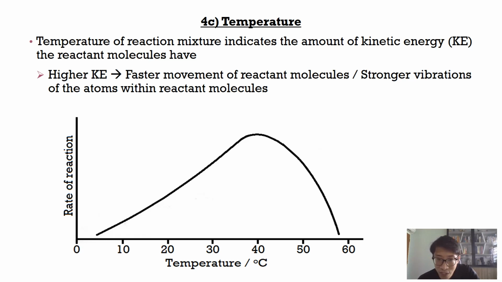More so for the enzyme, which is a protein: when there is excessive vibration of the particles in the enzyme molecules, it will bring about denaturation, because the ionic and hydrogen bonds are disrupted by the excessive vibration. That would cause the rate of reaction to decrease.